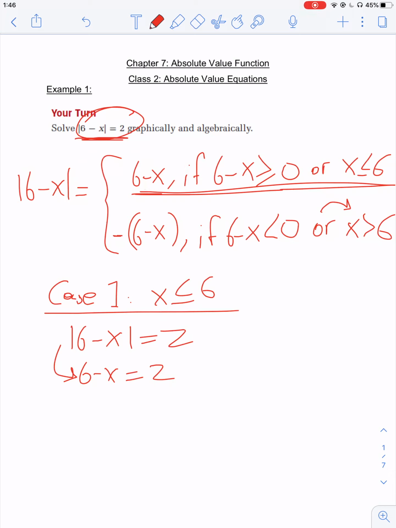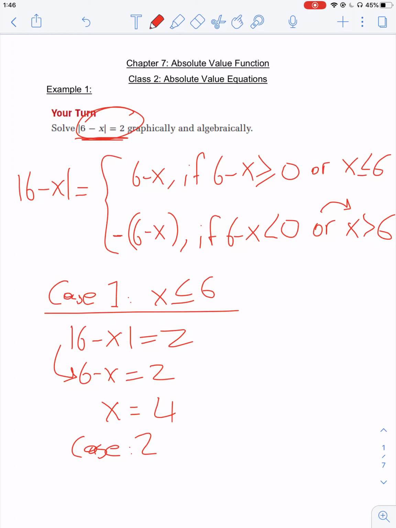In case one, okay? So which is what I'm doing over here. And all you have to do now is just solve for x, okay? So if you solve for x, again, I'm not going to take too long. So x will just equal to move 4, okay? So you guys solve it however you want. I'm just not gonna take too long to solve a simple linear equation.